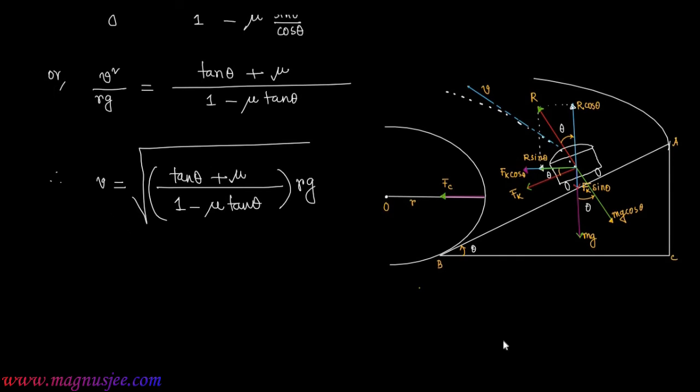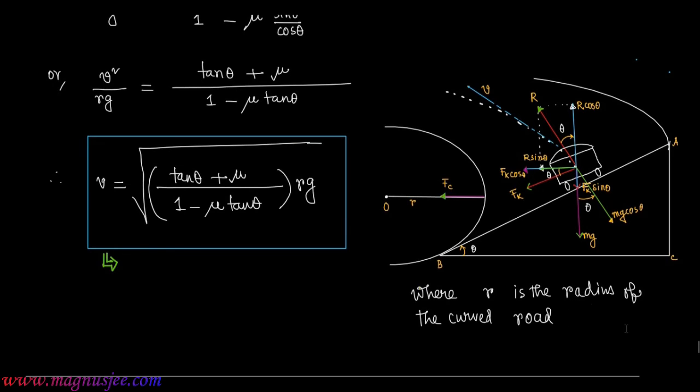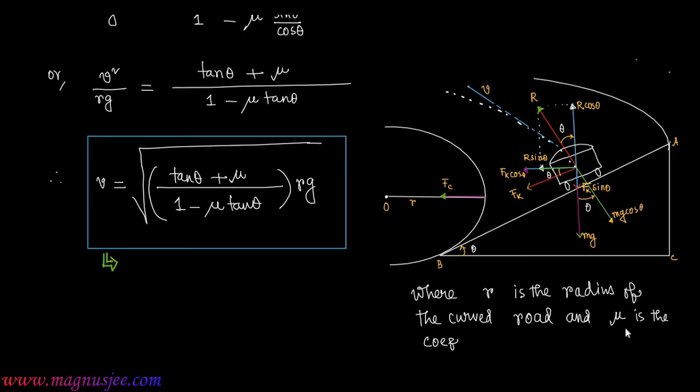That is the expression of maximum speed with which a car can take a turn round a rough inclined curved road, where r is the radius of the curved road and mu is the coefficient of friction between the tires of the car and the rough inclined curved road.